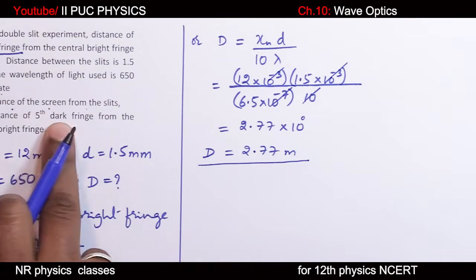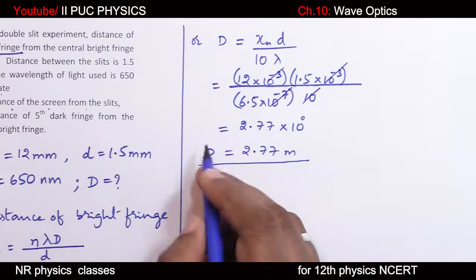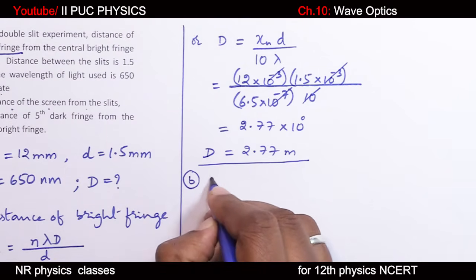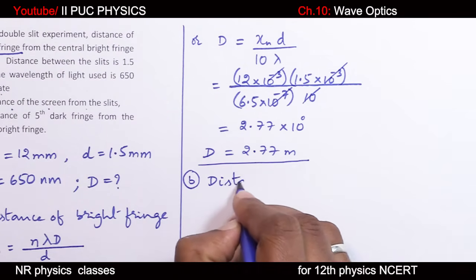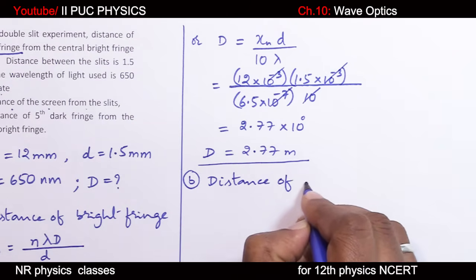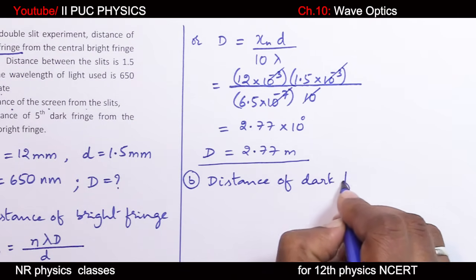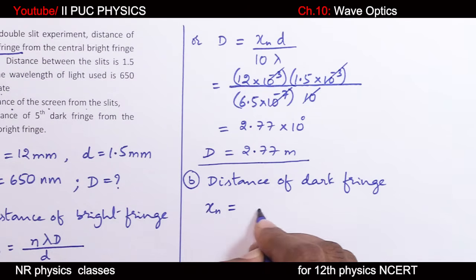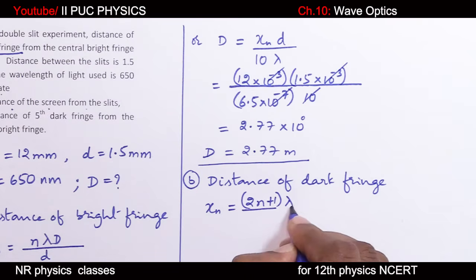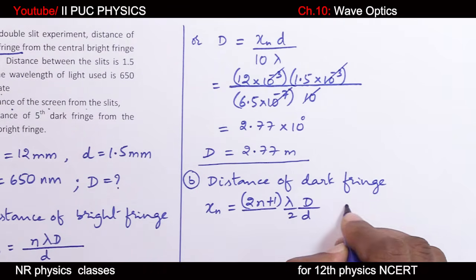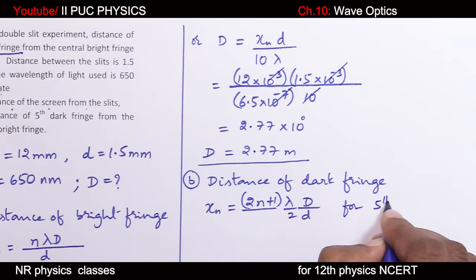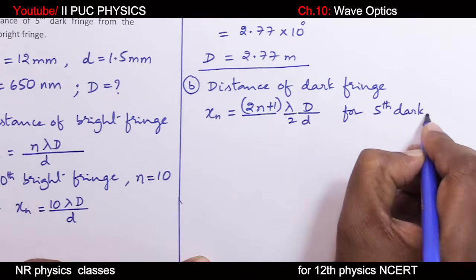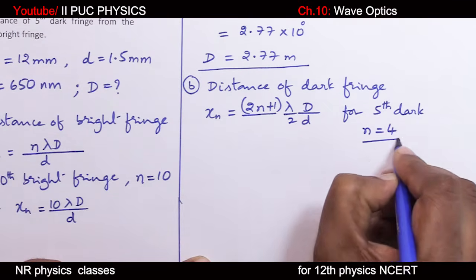Next, the distance of the fifth dark fringe from the central bright. Distance of dark fringe, Xn equal to (2n plus 1) lambda by 2 into capital D by small d. For the fifth dark, n is 4.